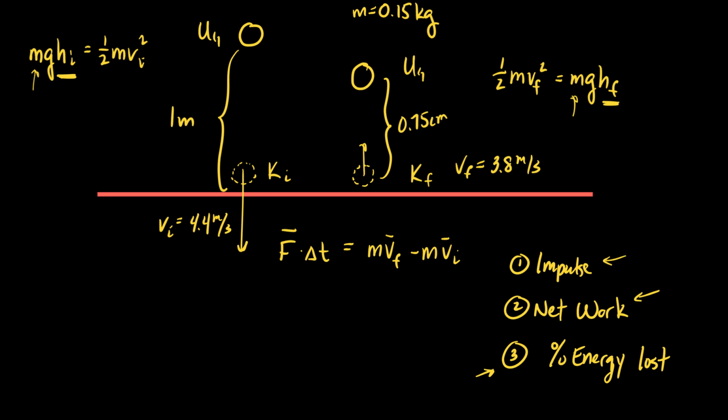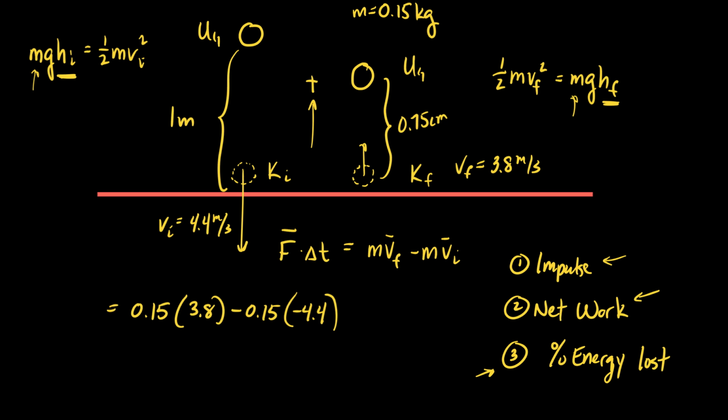Now, when you were asked to figure out the impulse exerted on the ball from the table, did you begin that portion of the problem by deciding what direction you're going to call positive or negative? I hope so. So what do you want, upwards to be positive or upwards to be negative? Okay, we'll go with upwards being positive. So that suggests you did 0.15 times positive 3.8 minus 0.15 times negative 4.4.